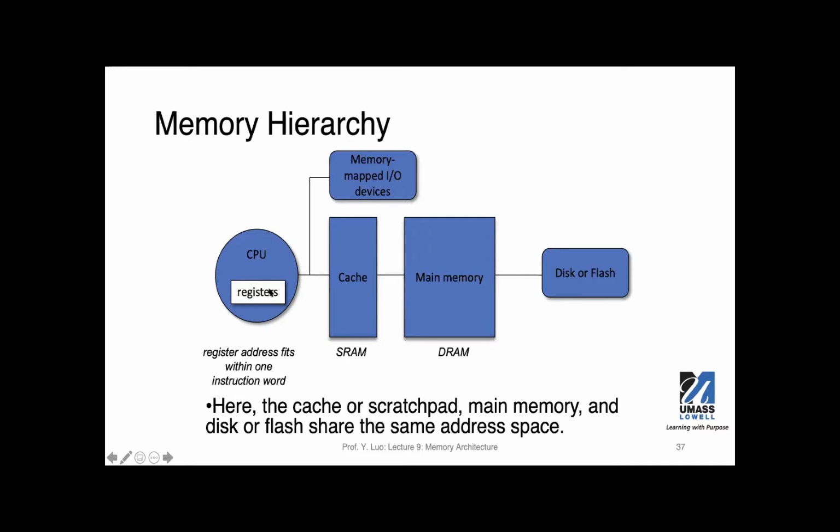So when you access data, you supply an address from the processor to these memory components. If the cache already has a copy of the address you're trying to access, you can fetch the data directly and then do the computation. If you cannot find the data in the cache using the address, then the processor needs to go further to access the main memory, where for sure you should find the data that you want.